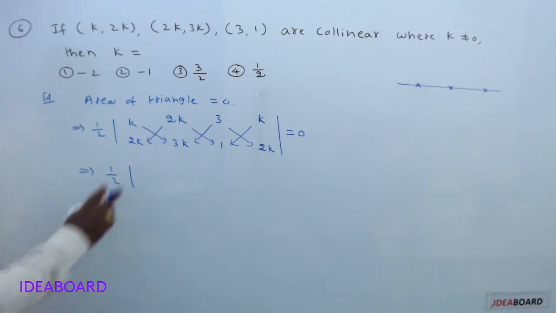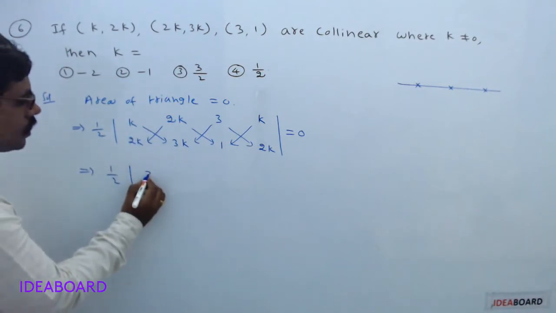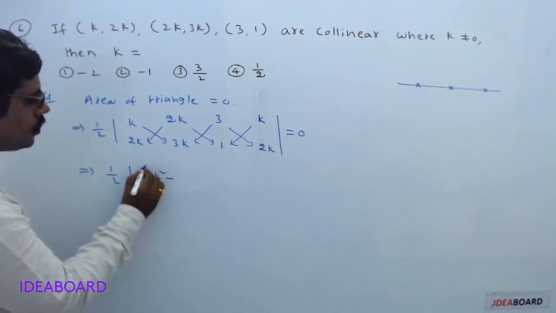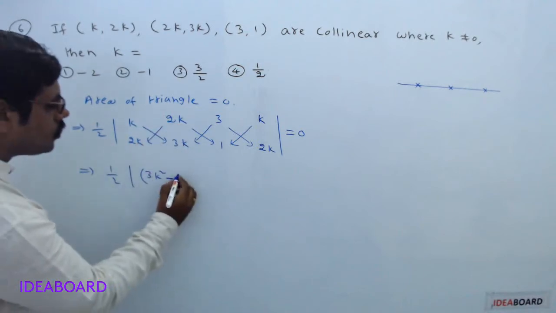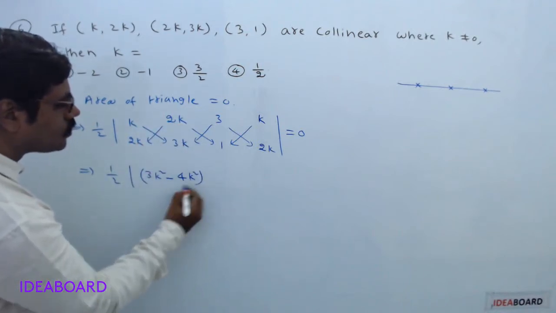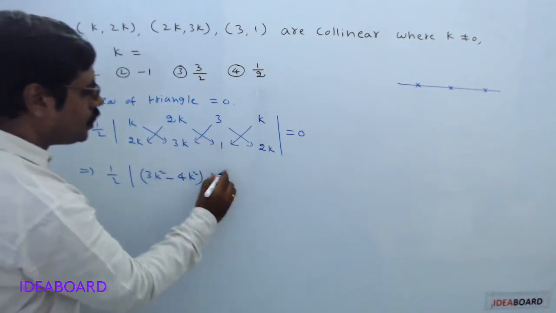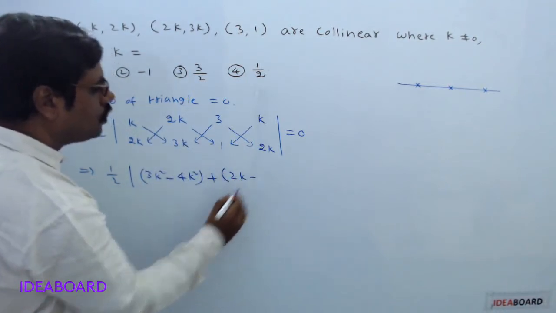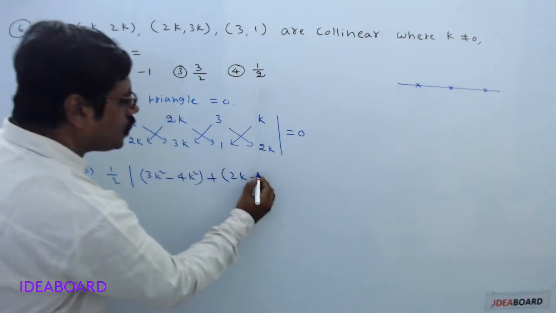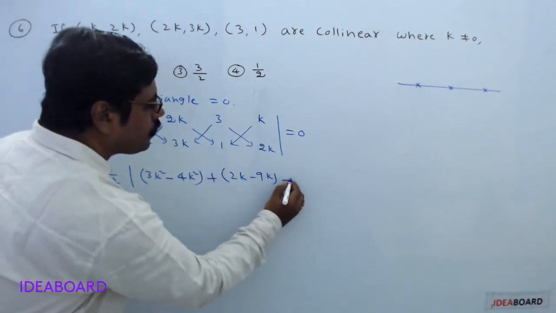Then expand this format, k into 3k, 3k square minus 2k into 2k, 4k square. Now this part is over. Plus 2k into 1, 2k minus 3 into 3k, 9k.